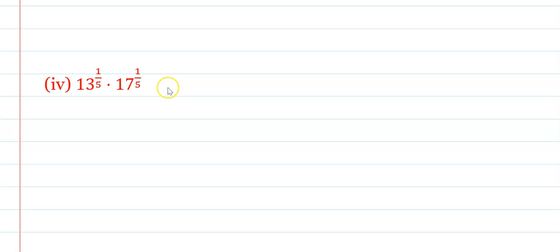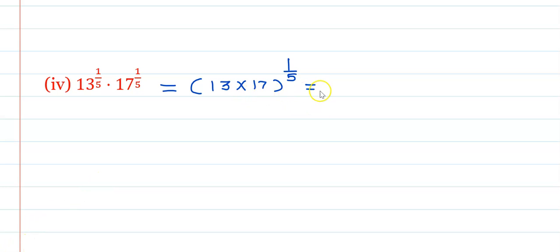For the next example, again, both of these two have the same exponent, but the base is different, and therefore we can write here 13 into 17 and whole bracket raised to 1 upon 5.